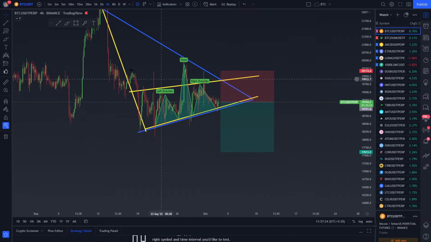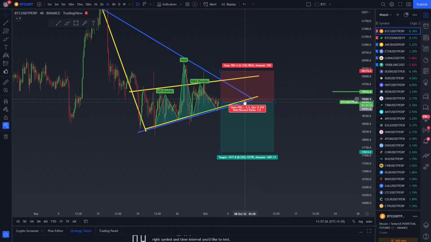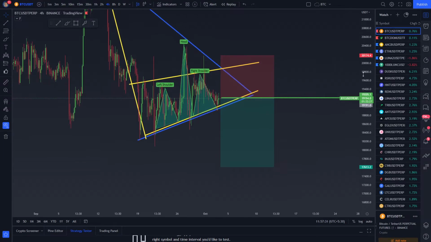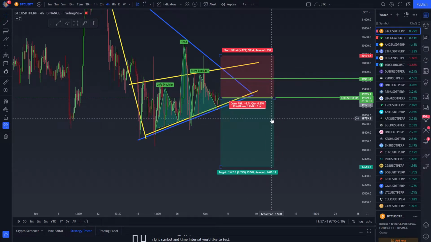You should look to enter at market price, and then try to DCA somewhere at this level. That would be a 2% DCA, somewhere at this level. I think it's worth the risk.